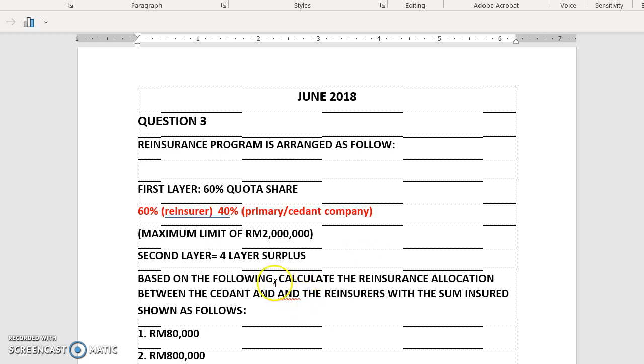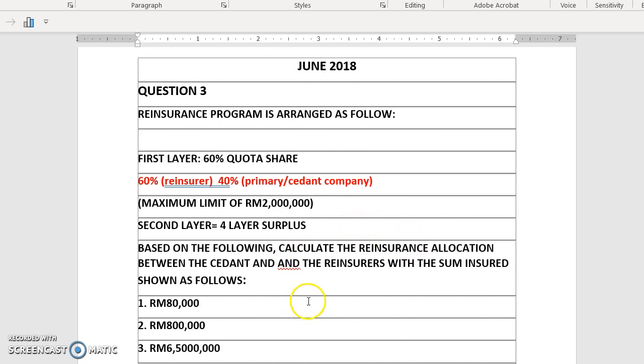Based on the following, calculate the reinsurance allocation between the cedant company and the reinsurer with the sum insured shown as follows. We have three amounts of sum insured: first 80,000, secondly 800,000, and lastly 6.5 million.